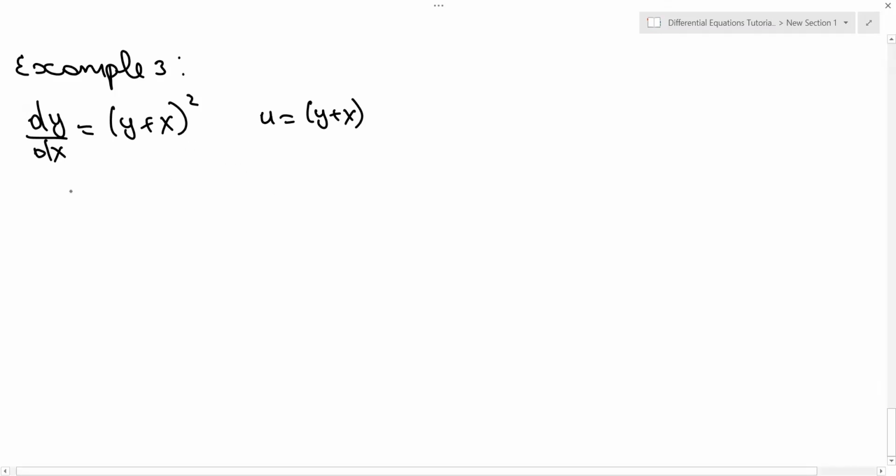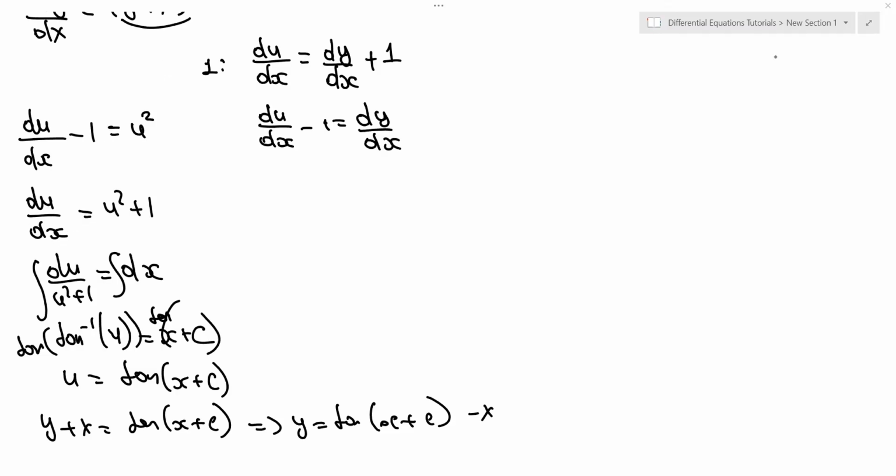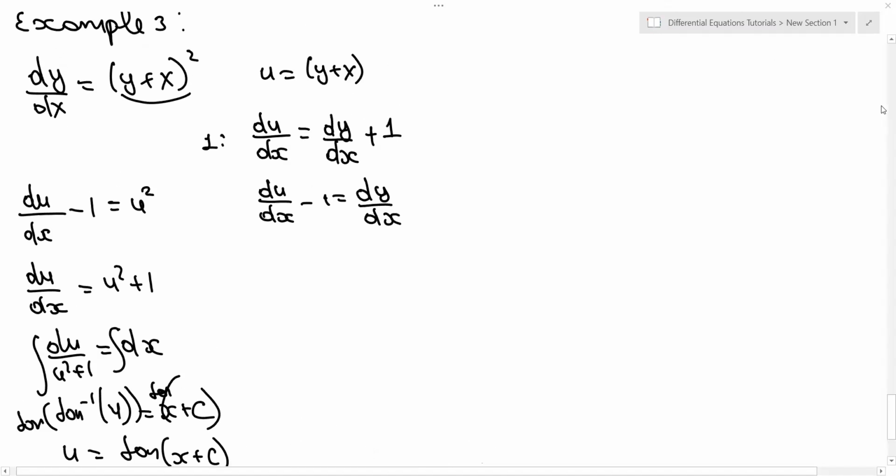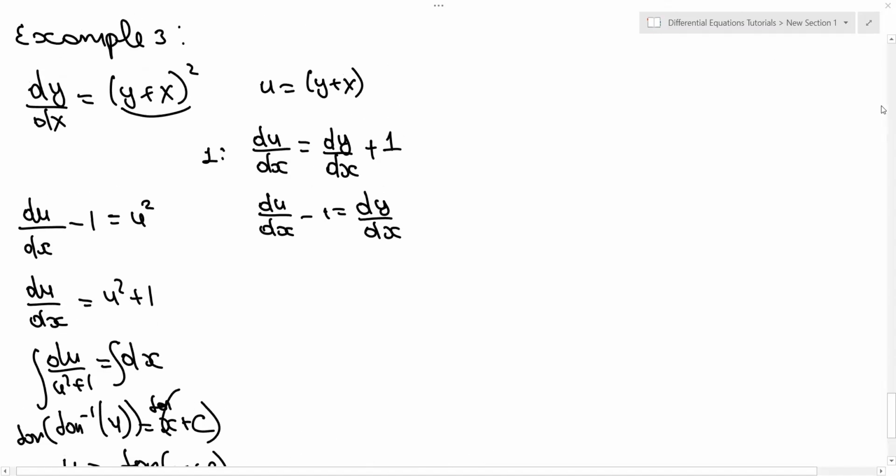After that, again, we have dy over dx is equal to... So from this, what we can do is find the derivative of both sides. du over dx is equal to dy over dx plus 1.